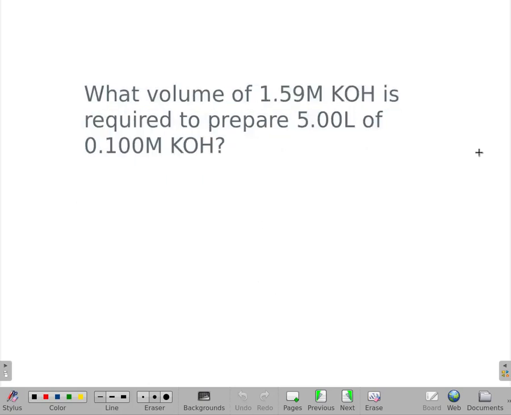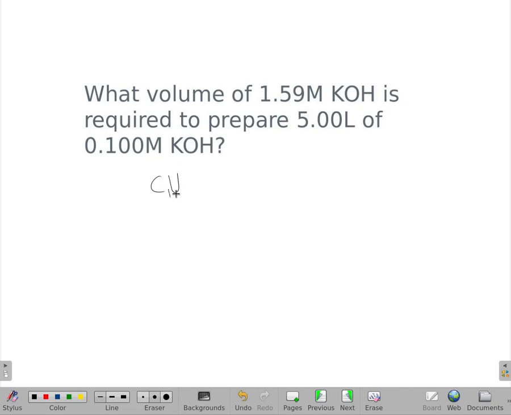Okay, can't do that so much here. We're not diluting it. We want to know how we're going to prepare a sample. Oh, wait, we are diluting it now if you think about it. You want to make 5 liters of a 0.1 molar solution starting with 1.59 molar. Well, if you start with the 1.59 and dilute it, that fits into this category.